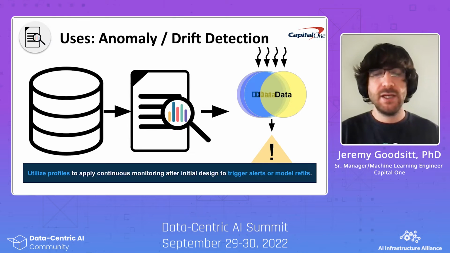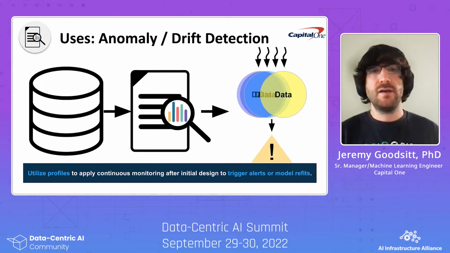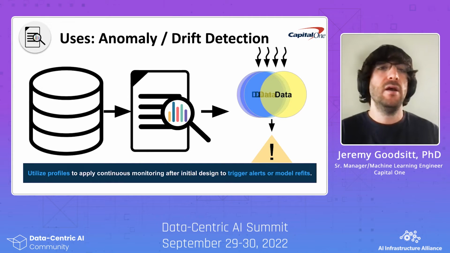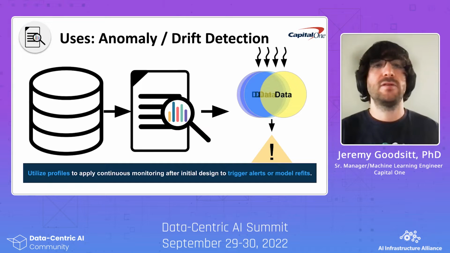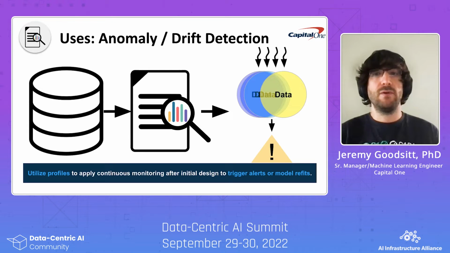So previously, in the schema detection, we looked at auditing our data to make sure our pipeline was validated. Anomaly detection and drift detection is similar in the sense that we can utilize these checks and alerts to trigger refit for our models. Our data is constantly changing. It's dynamic. So if we can understand the bounds of our model with respect to data profiles, we can create alerts for when new data is no longer within these expected constraints.